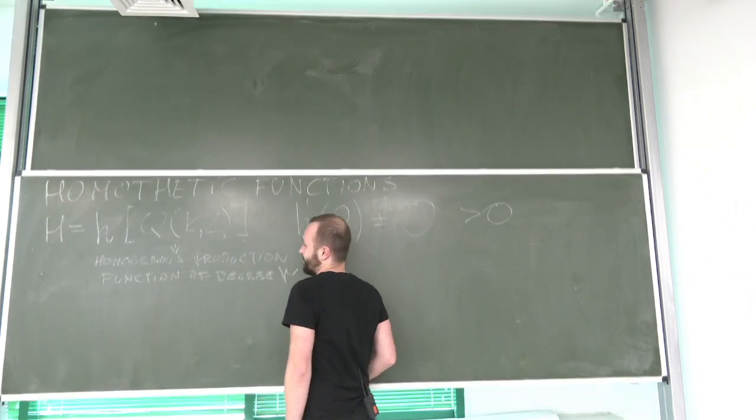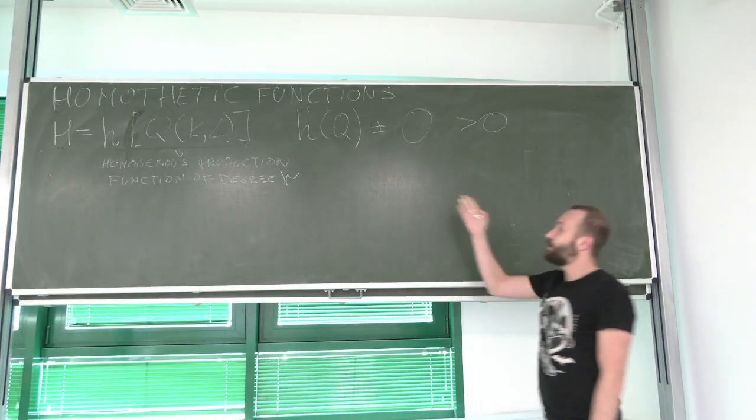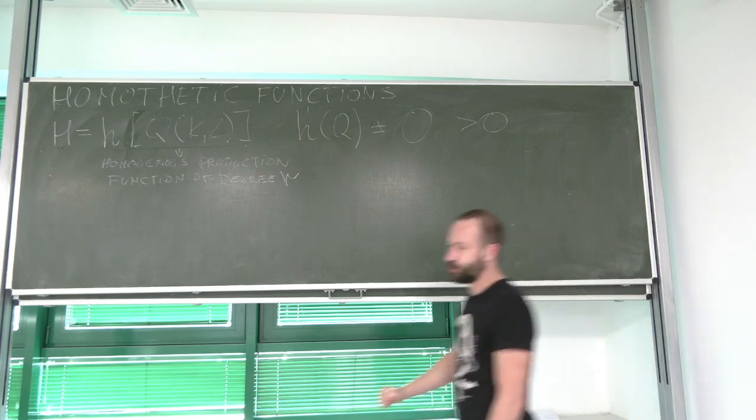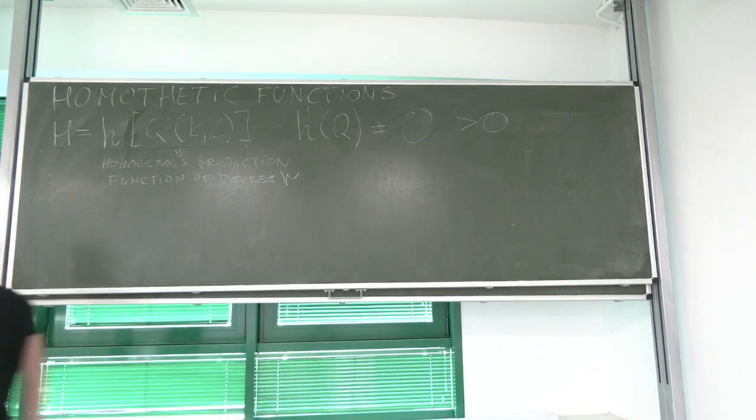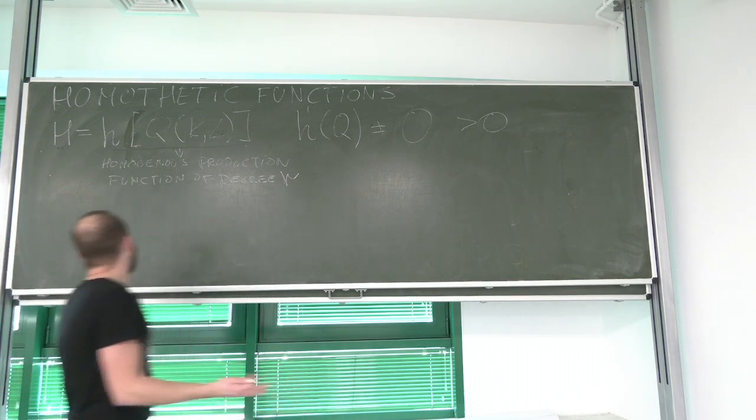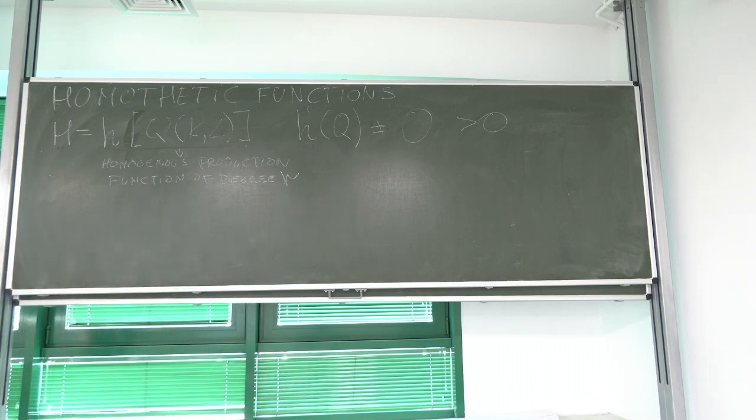However, how can we be sure that this homothetic function is going to give us a linear expansion path? Okay, and actually this is a very easy process. There is a very easy couple-step process to prove it.